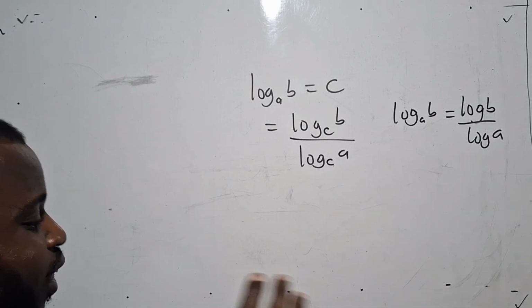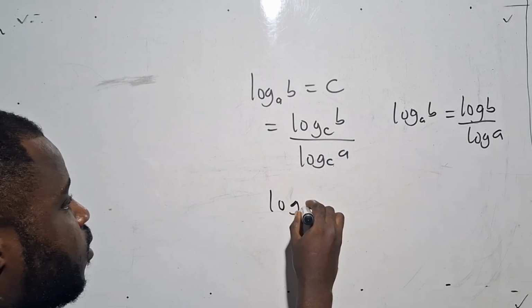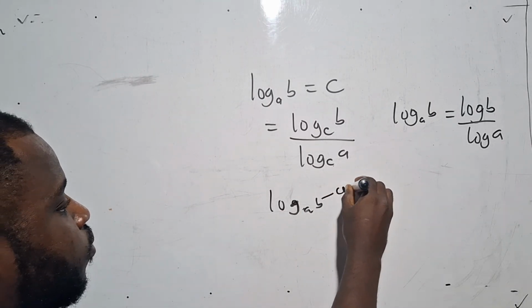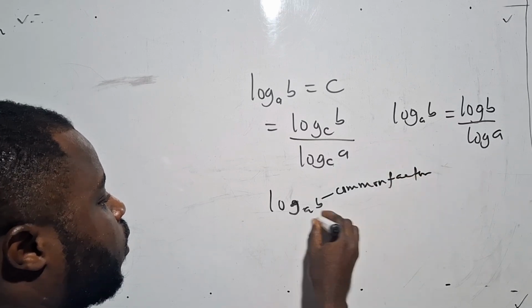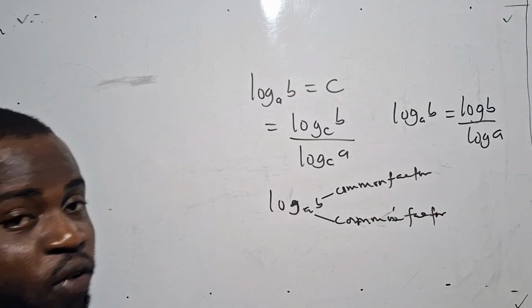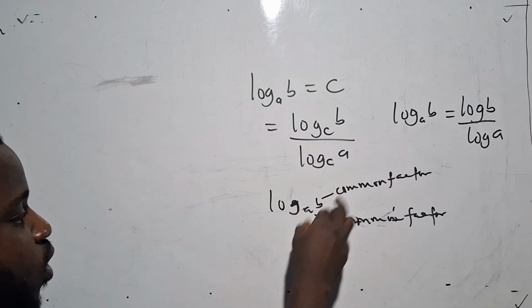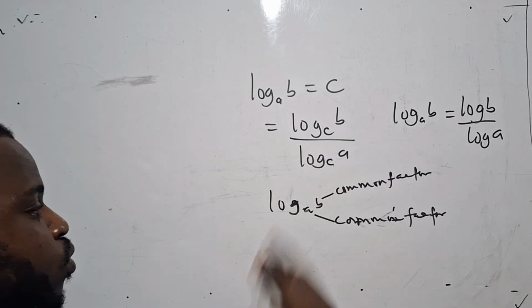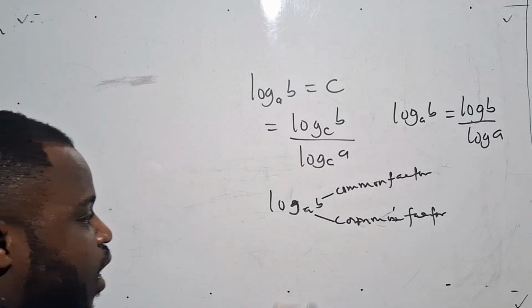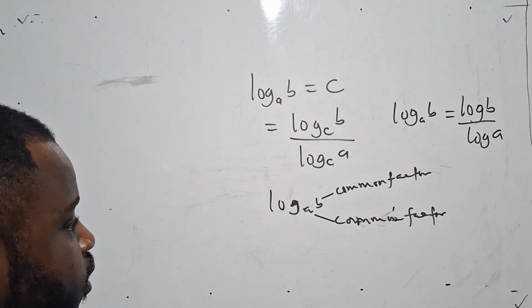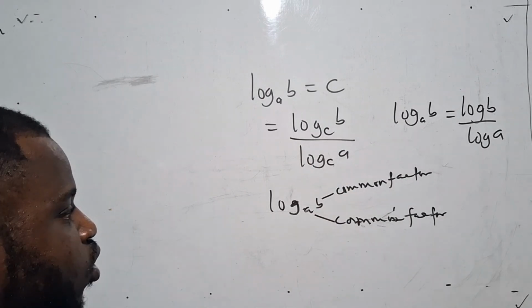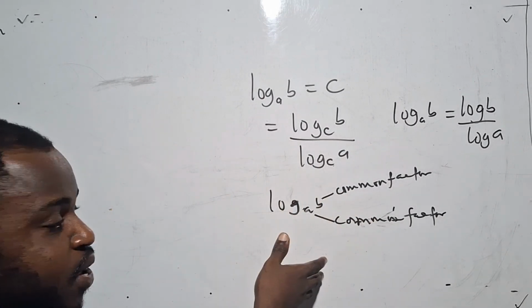The first method, for log base A of B: you find the common factor for A and B. Then you rewrite the number and the base as powers of the common factor you have gotten.